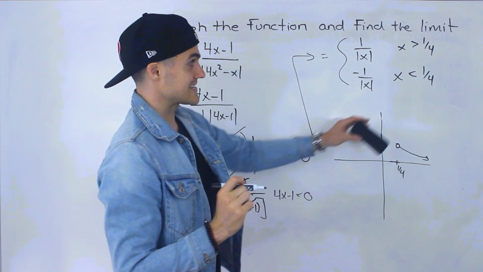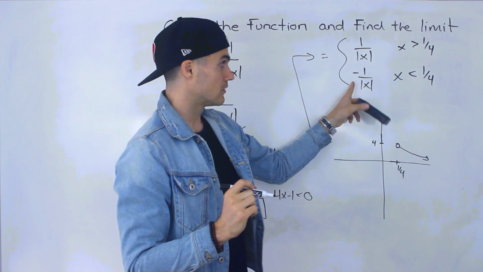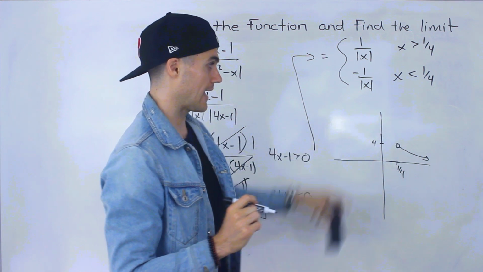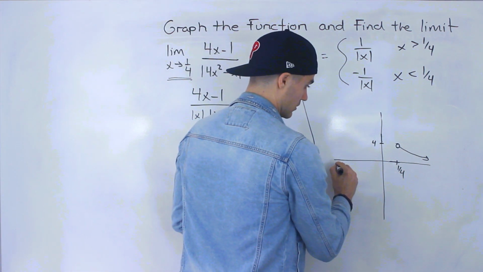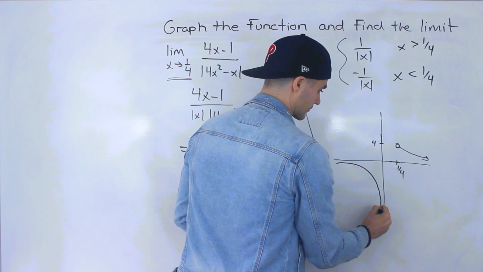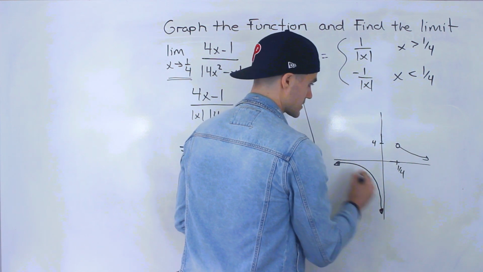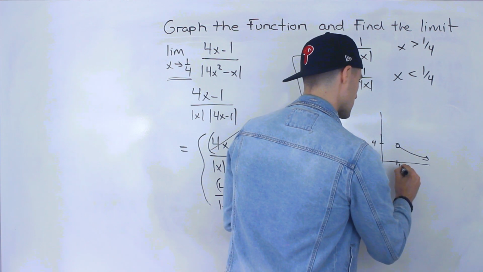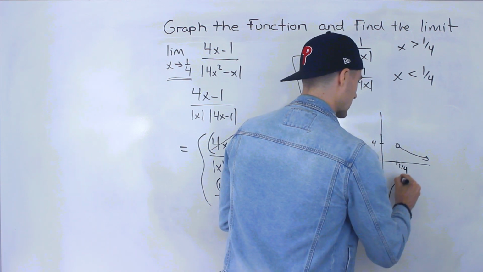And then when x is less than 1 over 4, it's going to be -1 over absolute value x. And as I showed you before, -1 over absolute value x looks like, let me give myself some room here. So this is 1 over 4. It's going to look like this.